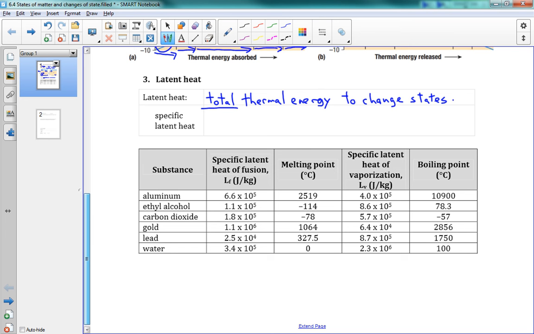Now, specific latent heat, well, all we've added is the word specific, and specific means we're just looking at a single unit, so 1 kilogram of it. So specific latent heat is the energy to change 1 kilogram of a substance from one state to another.